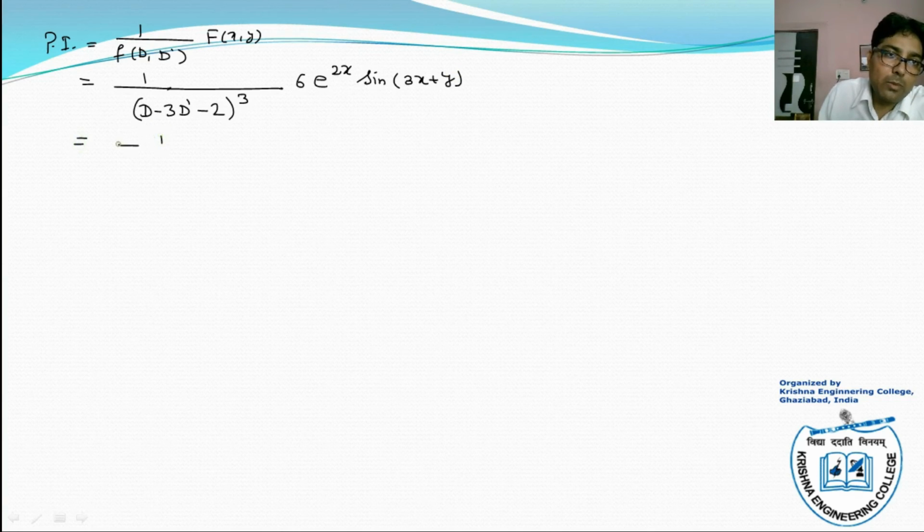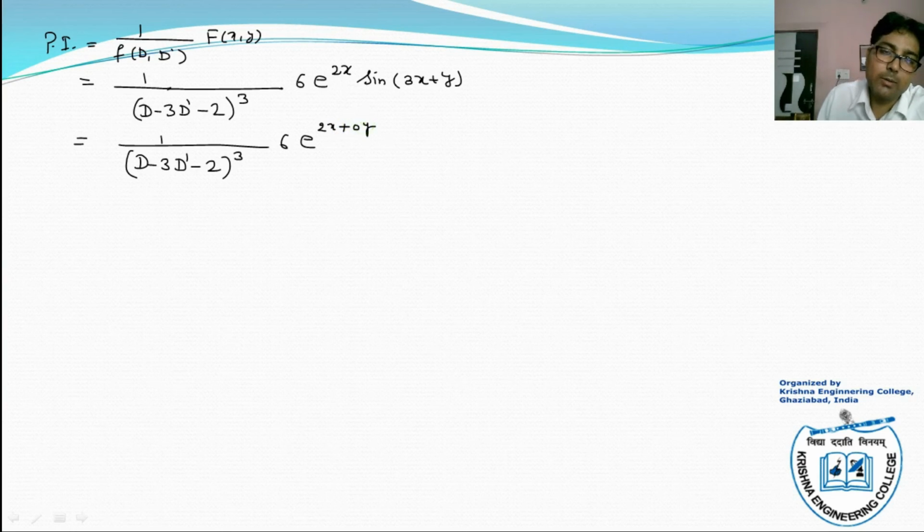Now, 1 upon (D minus 3D' minus 2) cubed, 6 is constant, e to the power 2x plus 0y. We can write e to the power 2x in the e to the power ax plus by form. So this is e to the power 2x plus 0y.